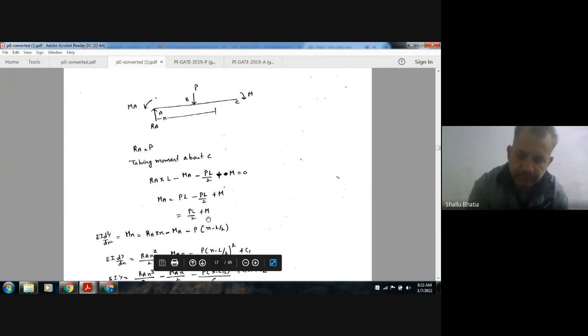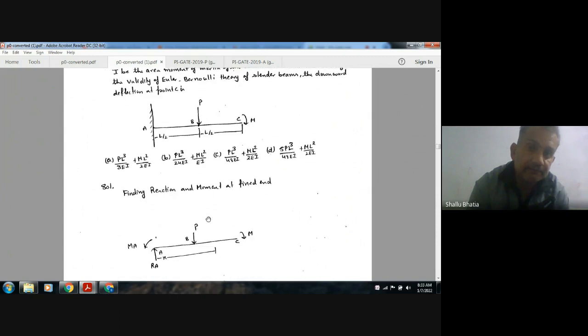Now using Euler's equation, we know that EI d square y by dx square is equal to the moment at distance x. So this is distance x. So the moment here will be RA into x minus MA minus P into (x minus L by 2).